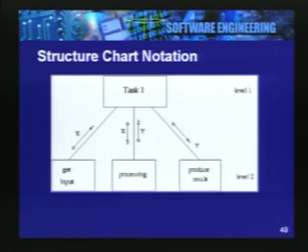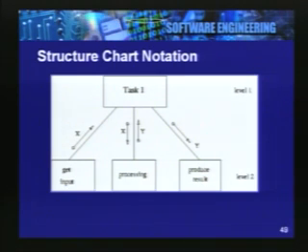As you see here, the X data item is traveling from task 1 to processing. The Y data item is being produced as a result from the processing and it is being sent back to task 1. Task 1 then passes this Y to the produce result module.